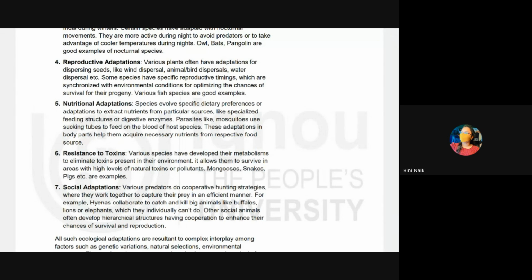So what will you be doing there? You will be adapting to the food that is available in America. That is basically nutritional adaptation. Within nutritional adaptation, we try to adapt to the food culture or the foods available in that ecological system.